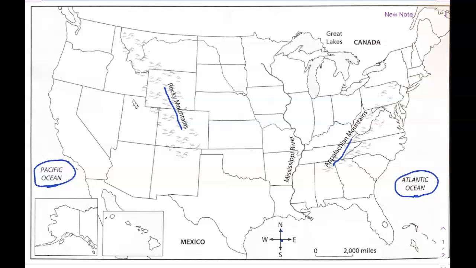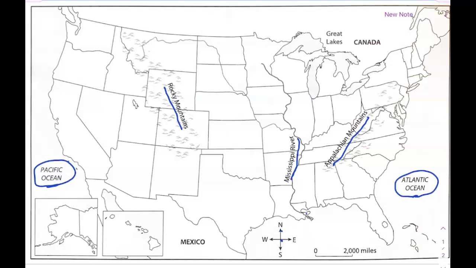We also have the Appalachian Mountains, which is a mountain range in the eastern part of our country, and you can see they run all the way from Georgia, Mississippi, all the way up into Pennsylvania, New York, all the way up and down the East Coast. Something else I want to point out is the Mississippi River.